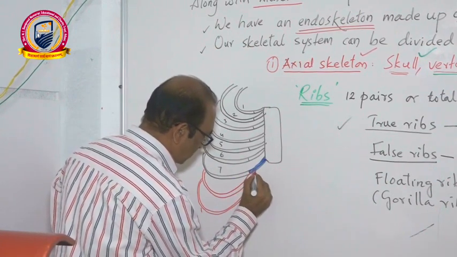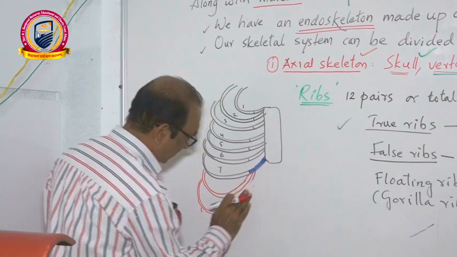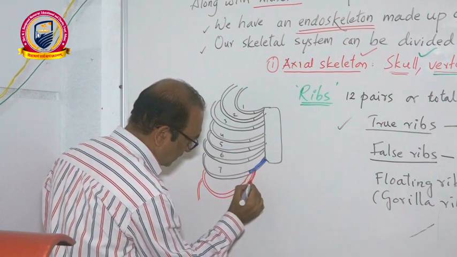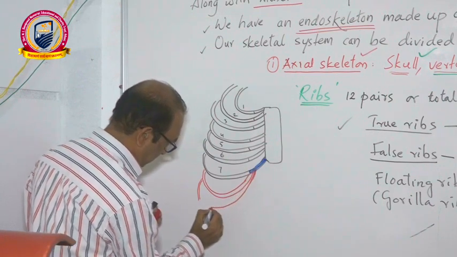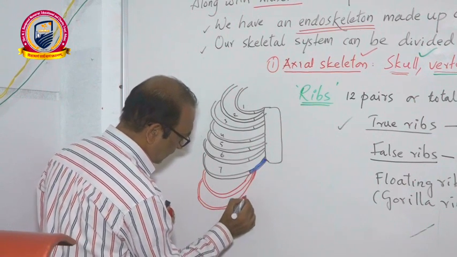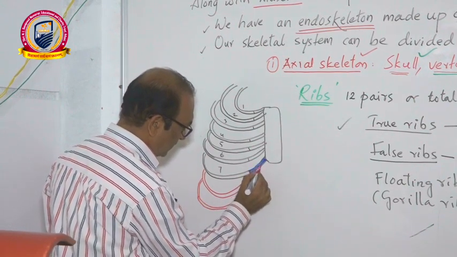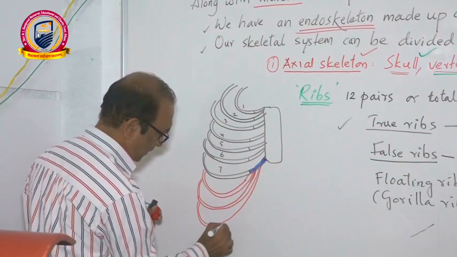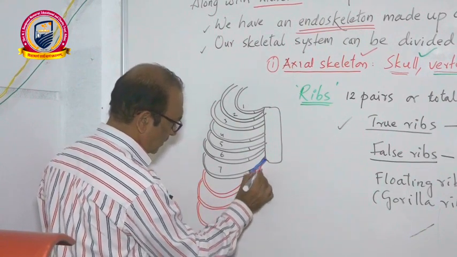Their cartilaginous parts are fusing with that of the 7th rib. Yes.